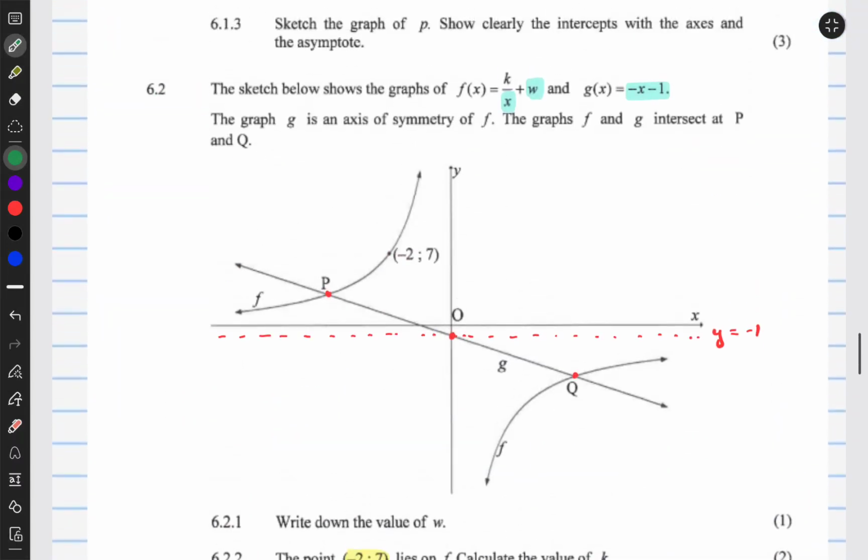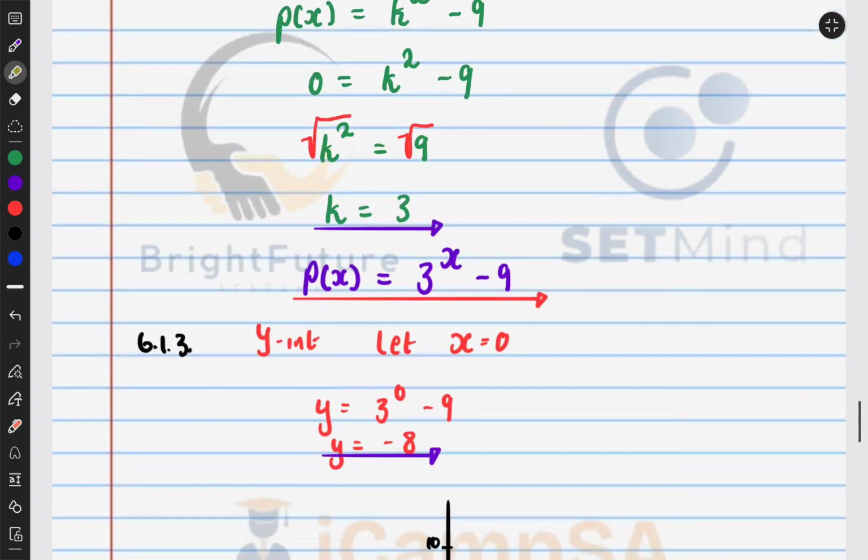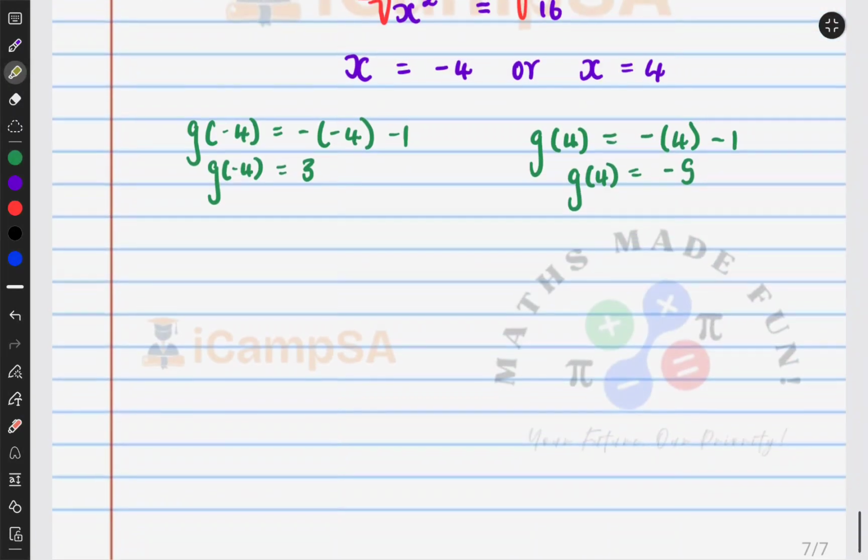So P is at negative x values but positive y values, while Q is to the right of the y-axis, so it's at a positive x value and a negative y value. Therefore P goes with what? Negative x, so it's negative 4.